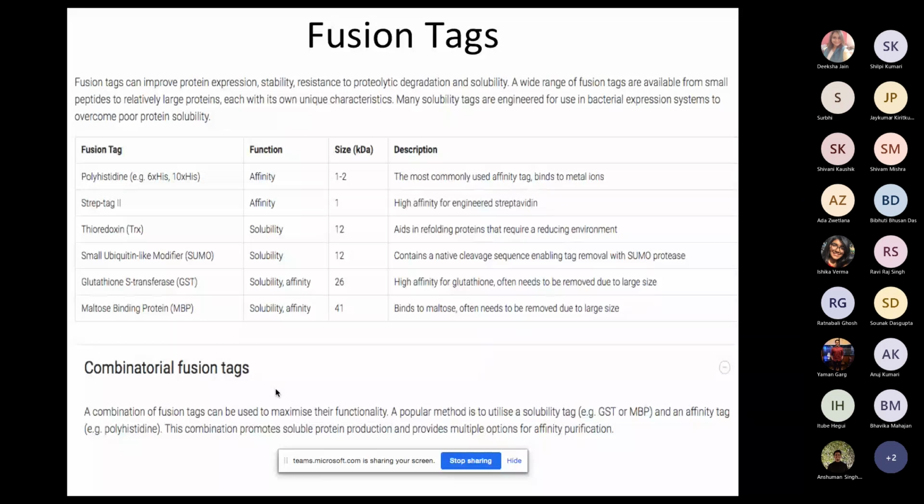So maybe you're working on a protein and you come across an NLS which is very efficient for taking that protein to the nucleus, or you come across some domain in your protein of interest which is very good for affinity purposes, and so on. So I just want to say through these examples: be vigilant, and try to see what properties the protein you are working on has, and whether they can be used for any commercial purposes or not.